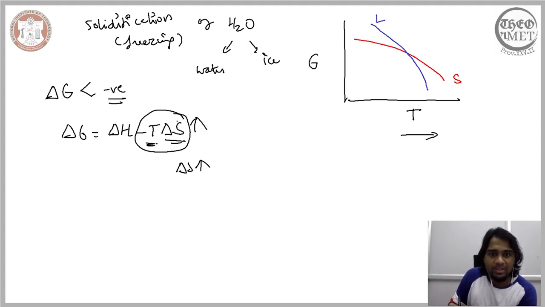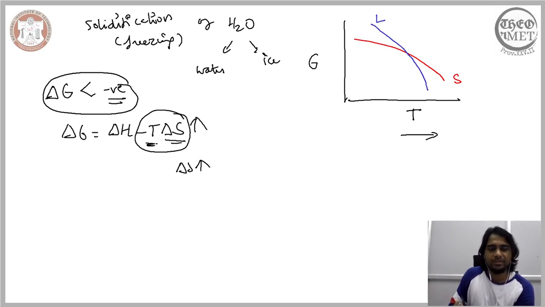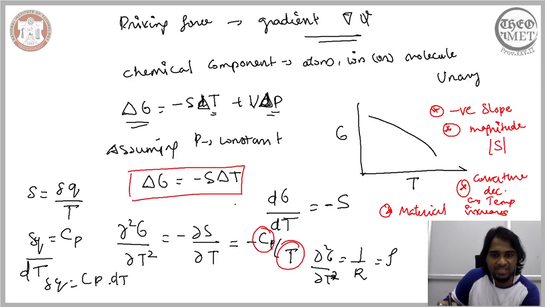So ultimately, when this term keeps on increasing, for a spontaneous or an irreversible change, the delta G should be negative. The same can be understood from this expression here.